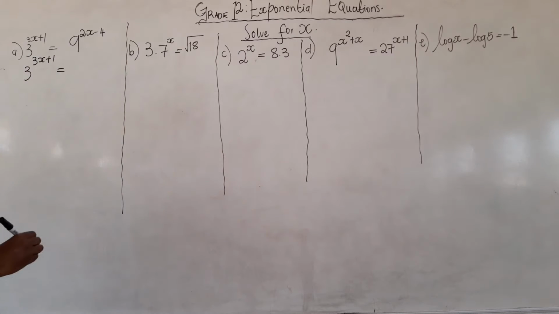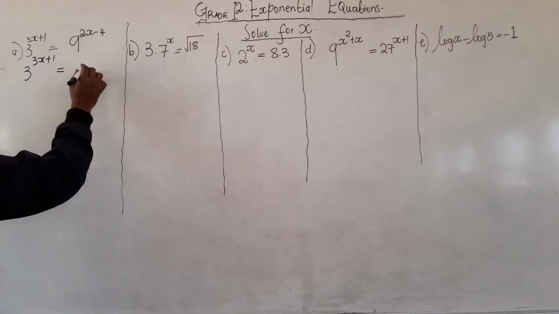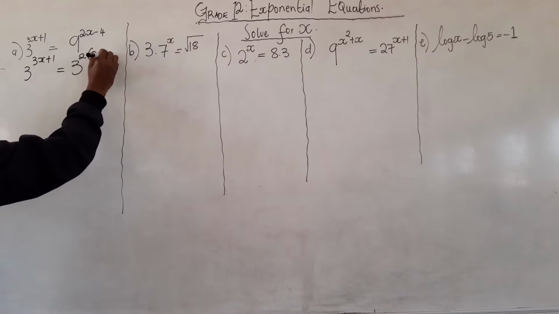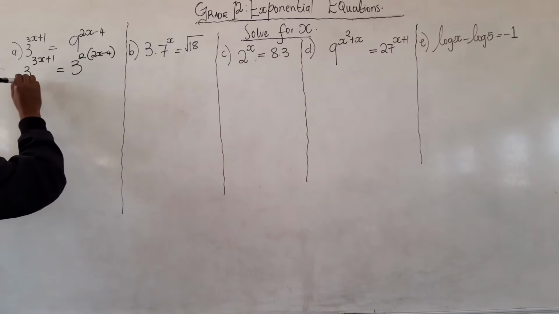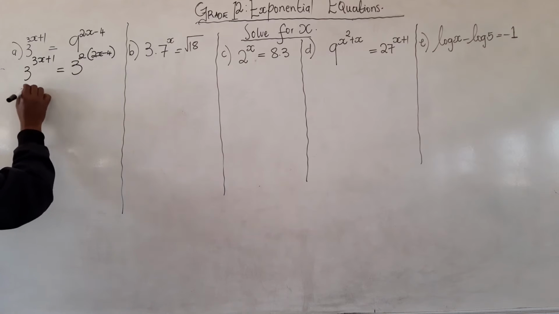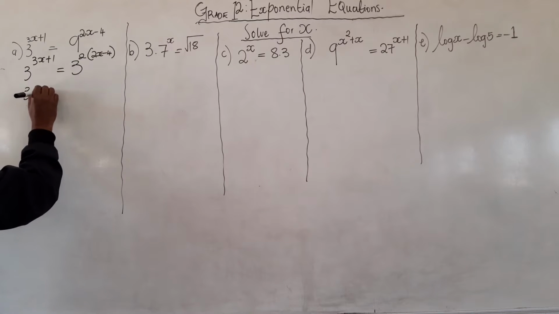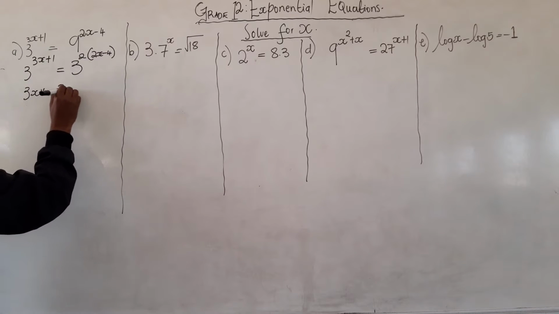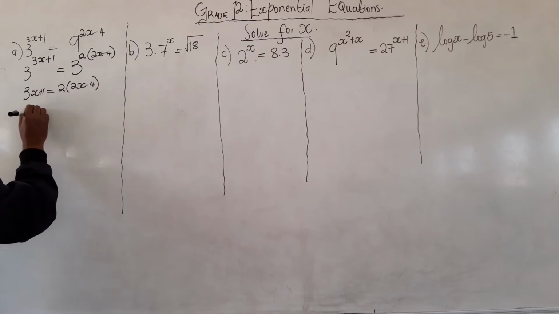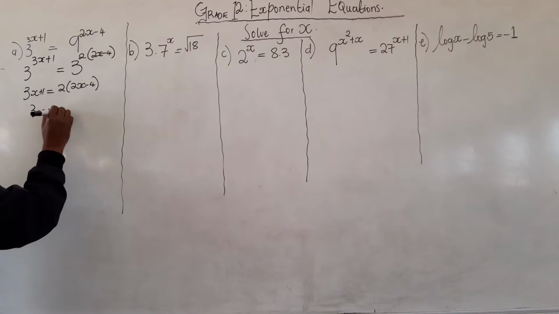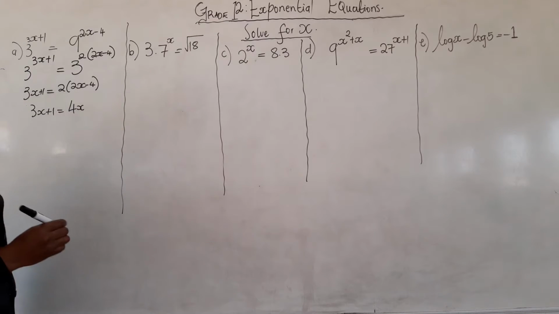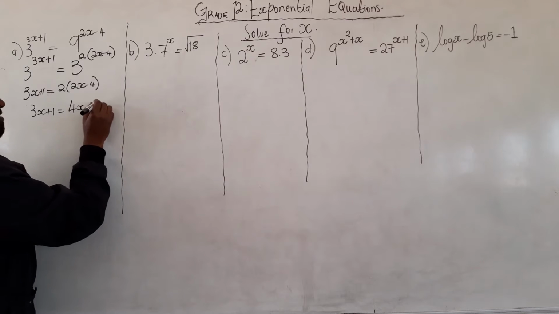When you prime factorize 9 on your calculator, it is going to give you 3 squared to the power 2x minus 4. Now that both our bases are the same, we drop our exponents. Therefore, we are left with 3x plus 1 is equal to 2 times (2x minus 4). 3x plus 1 is equal to 4x minus 8, since 2 times 2x is 4x and 2 times negative 4 is negative 8.